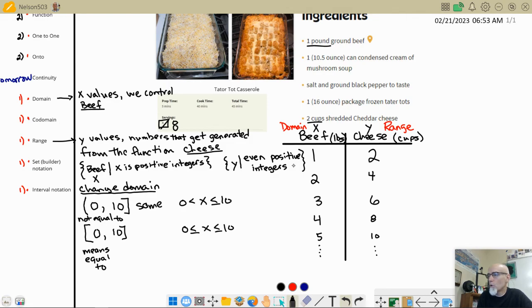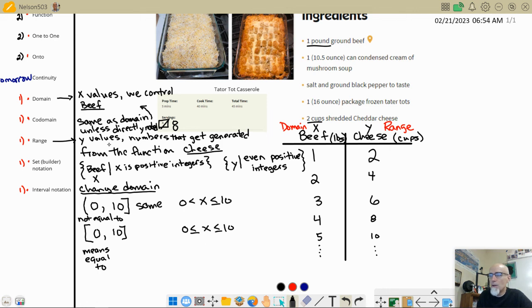Okay, so the codomain here would be 1, 2, 3, 4. It would be the same as the domain unless directly noted by the author. Okay, so I'm just going to say it's the 1, 2, 3, 4, 5 numbers.